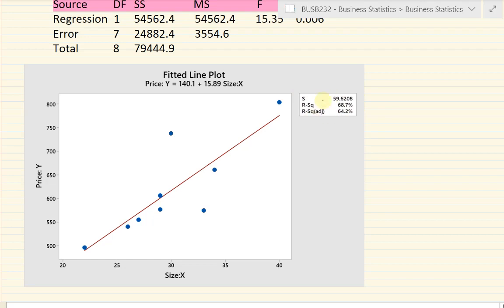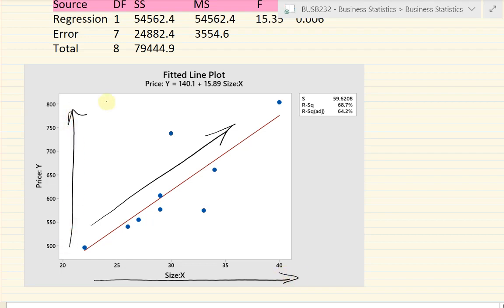Okay, so there you go. Here's your regression line, and these are the data points. If you look at the regression line, we see this nice secular trend, going in that direction. What that tells us is, as x, the size, increases, so does the price, which makes sense. You would expect that.